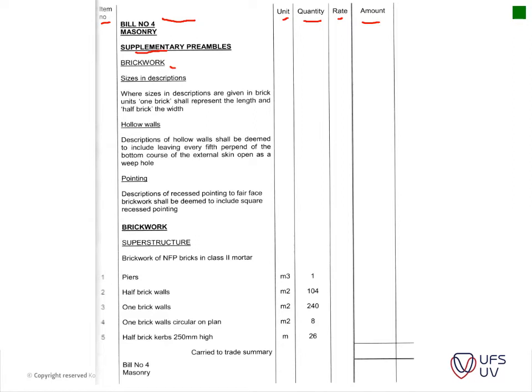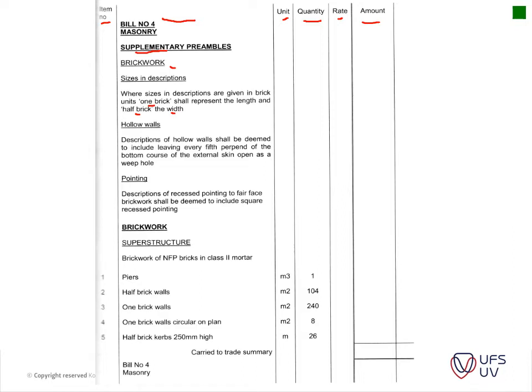So for instance, your brickwork, sizes and descriptions, where sizes and descriptions are given in brick units. One brick shall represent the length of a half brick of width. This is not just fancy talk, it basically says a one brick wall will be a 220mm wide wall, and a half brick wall will be a 110mm thick wall.